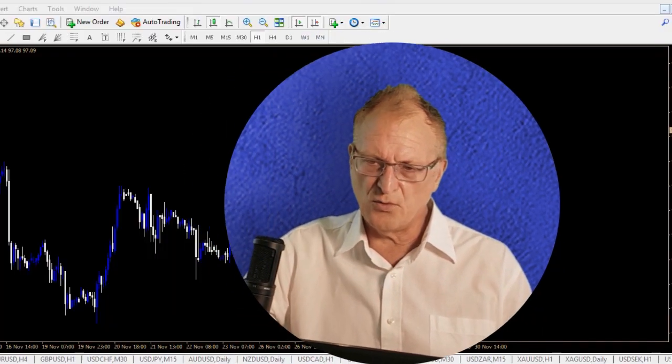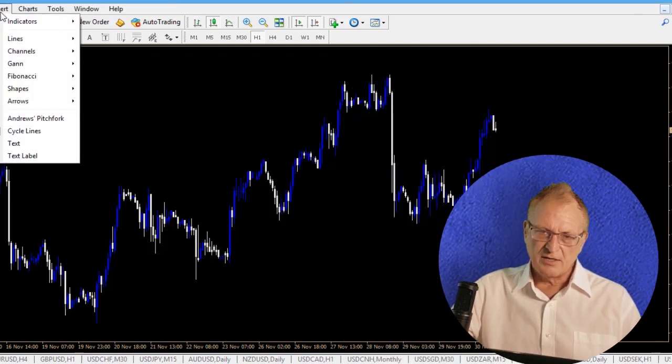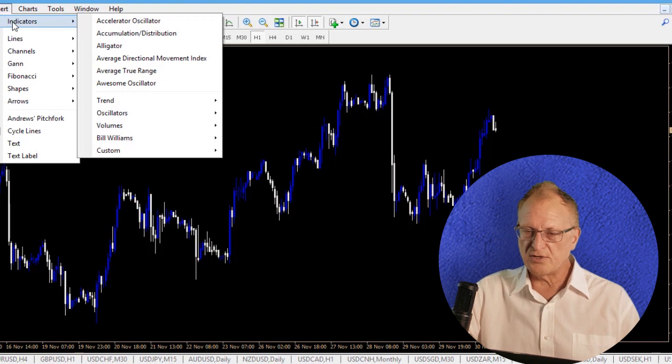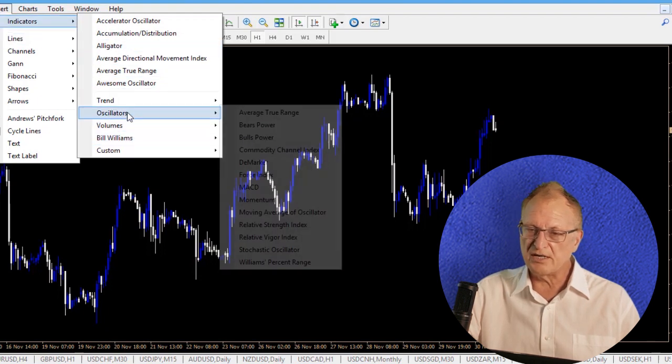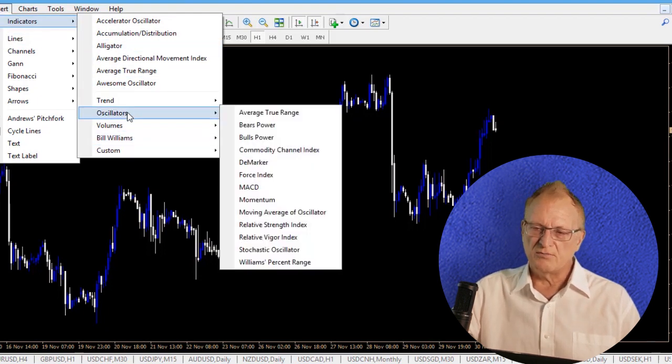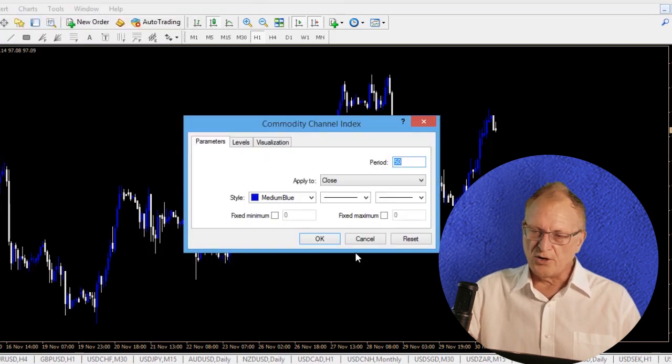Okay, so the first thing you want to do in Metatrader 4, as you may know, is go to Insert, Indicators, and choose a certain indicator and put it into your chart.